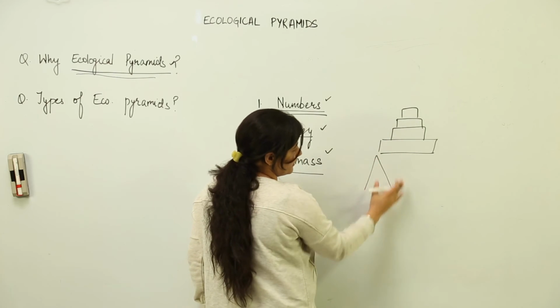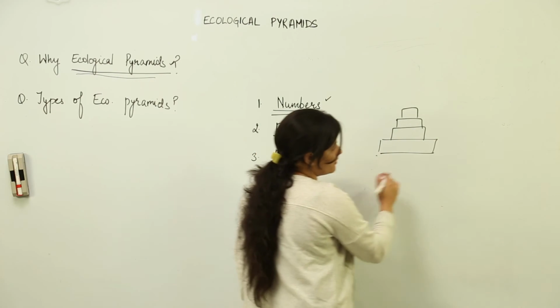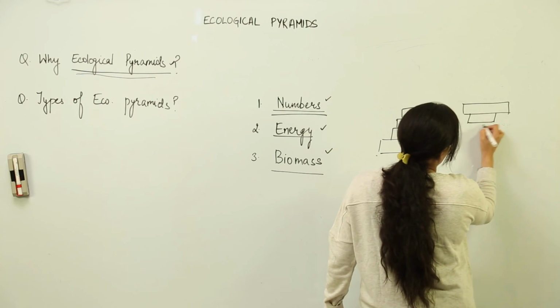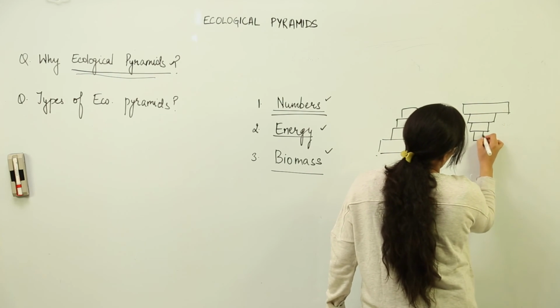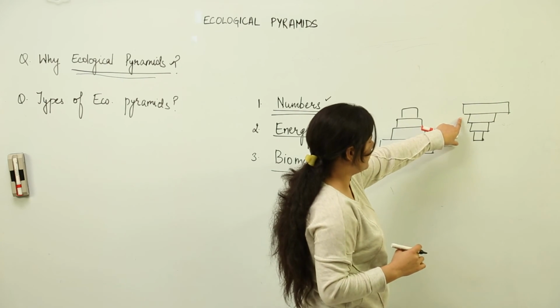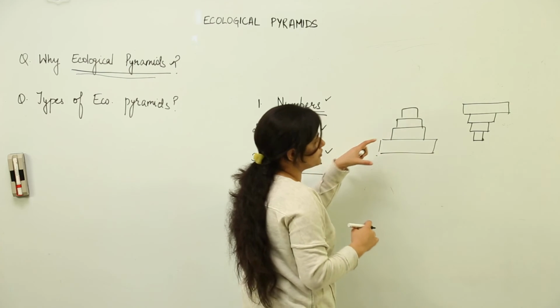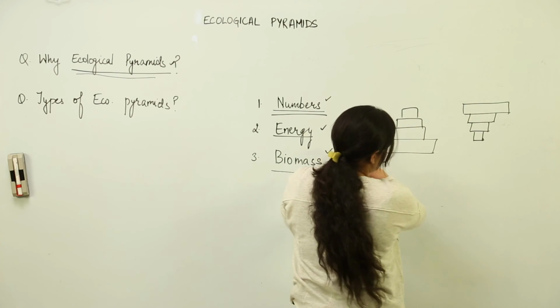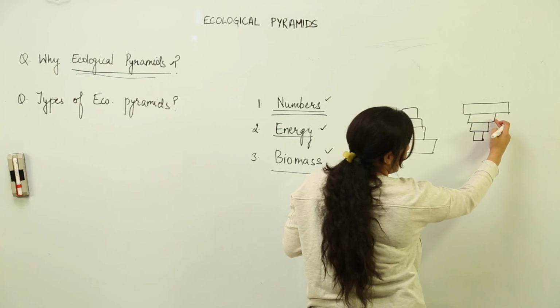The triangular shape I am talking about. So this is an upright pyramid. We do have cases of inverted pyramids as well, where the topmost trophic level occupies the largest band. It's not a band. It's a sort of ecological representation where the slide is the longest one. Then we have lower and lower.